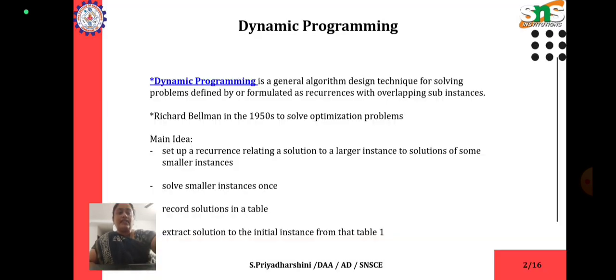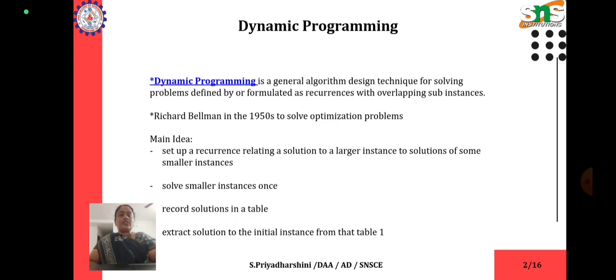So let's see the introduction part. Dynamic programming is a general algorithm design technique for solving problems defined by or formulated as recurrences with overlapping sub-instances. Dynamic programming was originally developed by Richard Bellman in the 1950s to solve optimization problems.